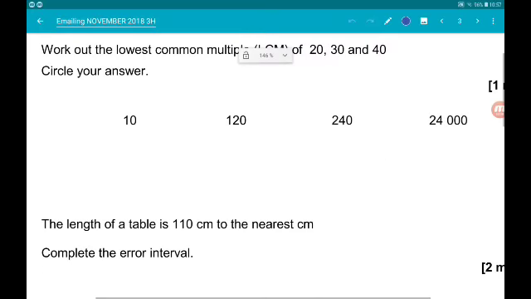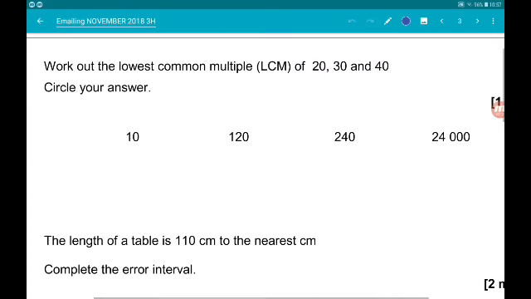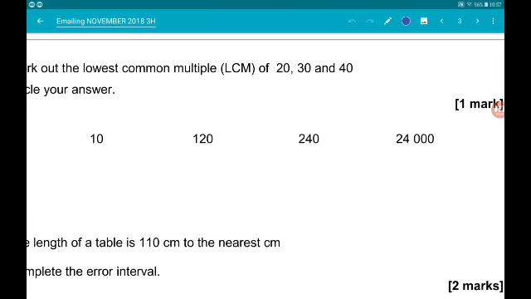Okay, number 4. Work out the lowest common multiple of 20, 30 and 40. So, lowest common multiple means the first number that they all go into. Now we know that whatever 40 goes into, 20 goes into, because 20 goes into 40.